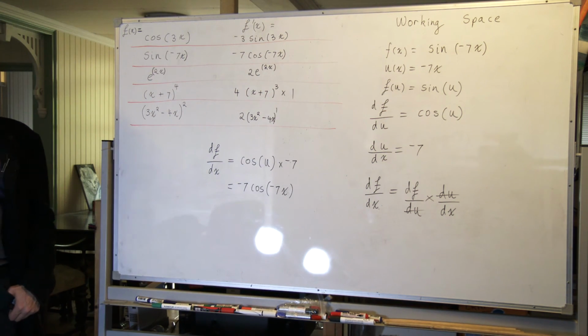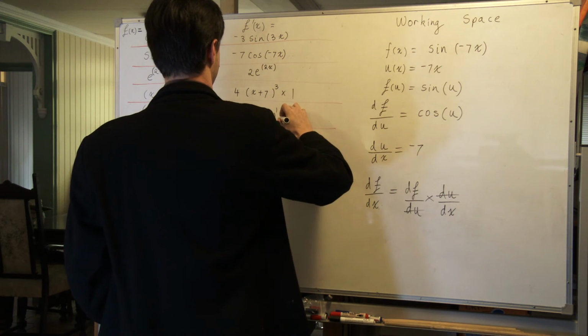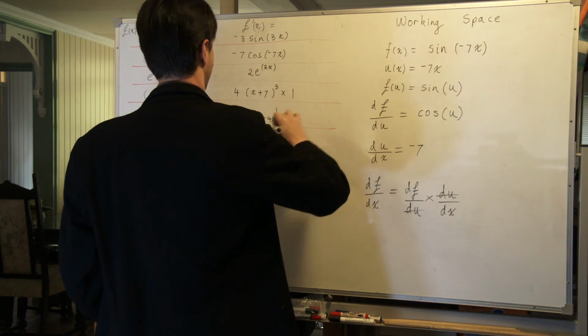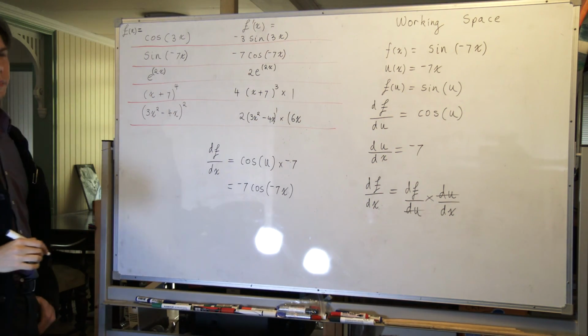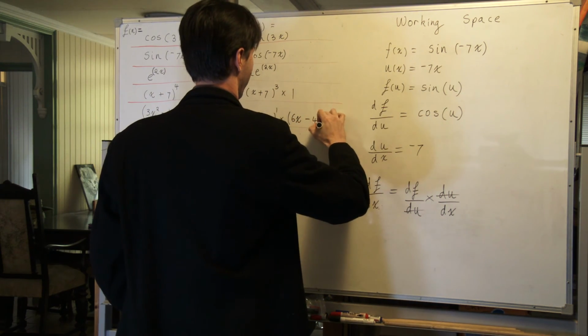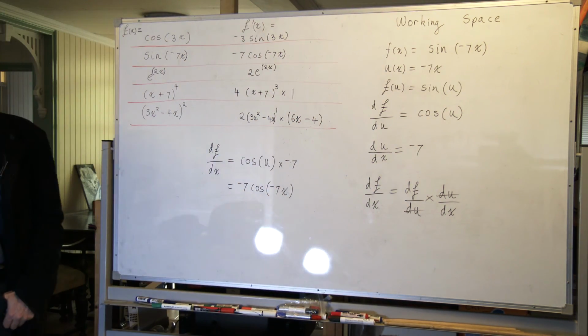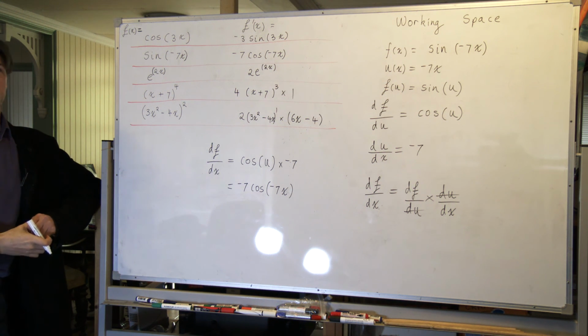And then you multiply everything by the derivative of what's inside the bracket, which in this case the derivative of that is six x take 4.